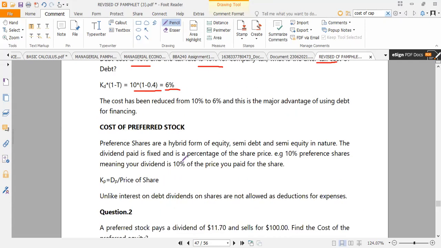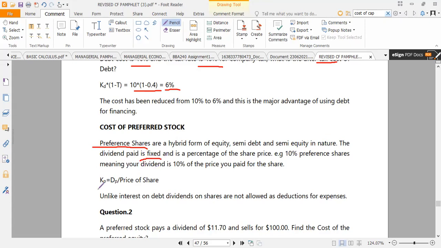Another source of capital is preferred stock. Now, preference shares are a hybrid kind of equity because the investors in here usually put in their funds just to earn a fixed amount of dividend.